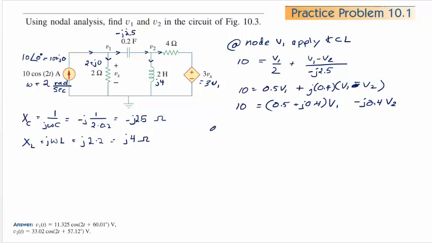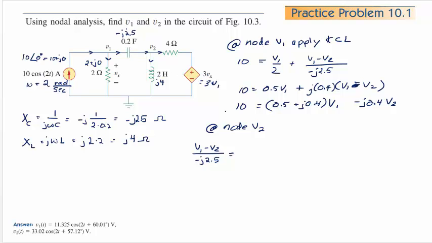So you do the same thing at node V2, subject to this extra condition here. So anyway, we do the same thing at node V2. I have current going in equals current going out. So V1 minus V2 over minus j2.5 equals current going out.